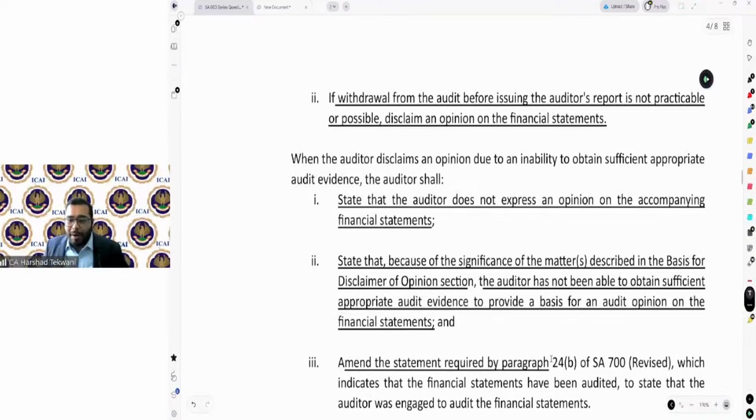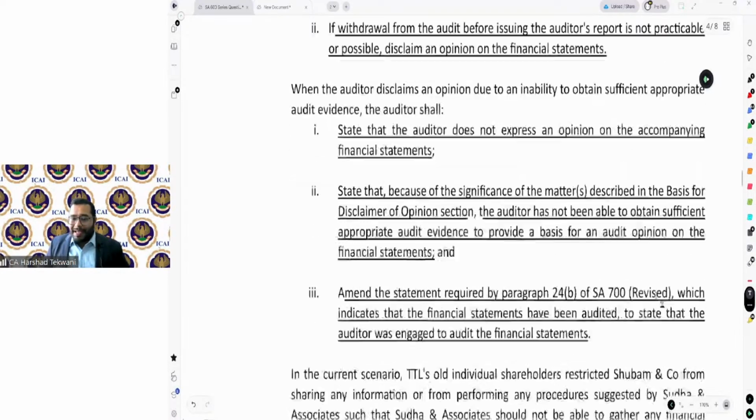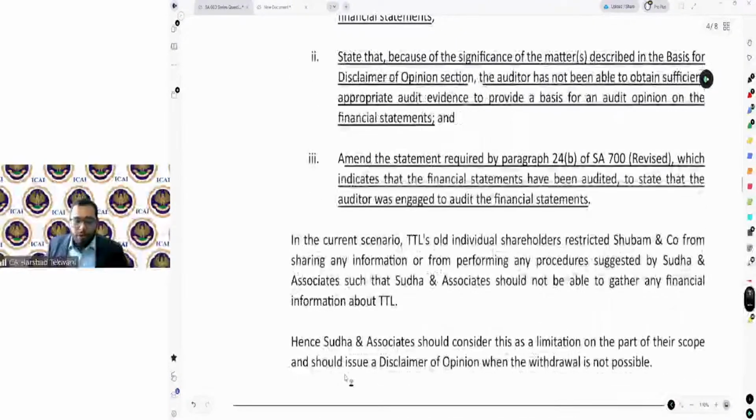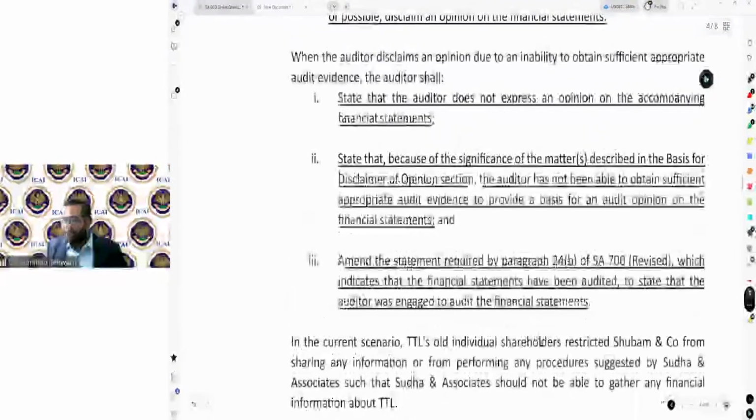Amend the statement required by paragraph 24(b) of SA 200, which indicates that the financial statements have been audited, to state that the auditor was engaged to audit the financial statements. So these are the changes that you are required to make, and accordingly, you need to issue a disclaimer of opinion when withdrawal is not possible.